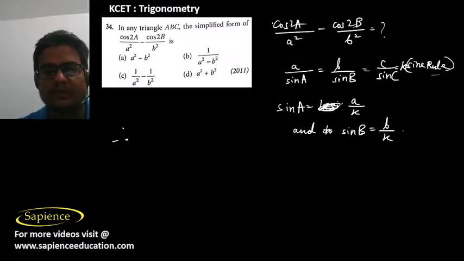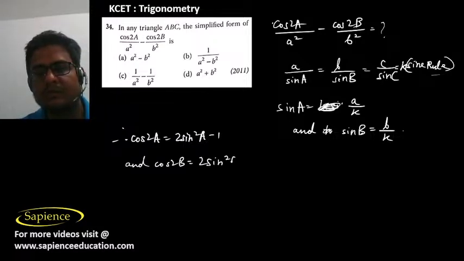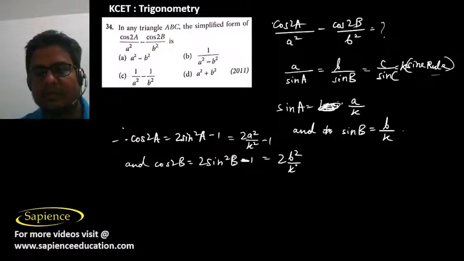So now cos 2a will be equal to 2 sine square a minus 1, and cos 2b is equal to 2 sine square b minus 1. So this will be equal to 2a square by k square minus 1, and this will be equal to 2b square by k square minus 1.